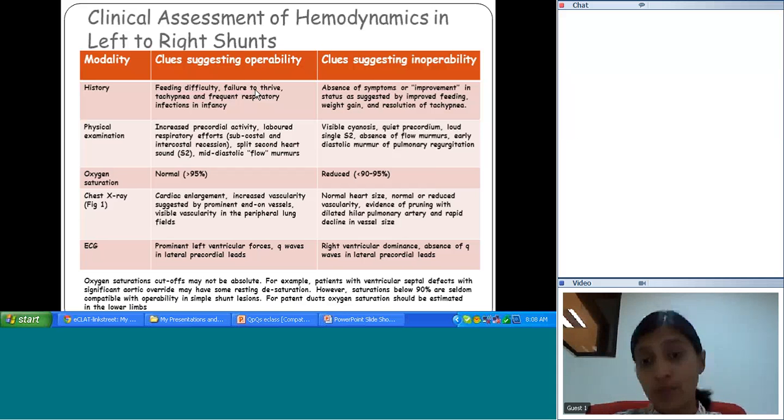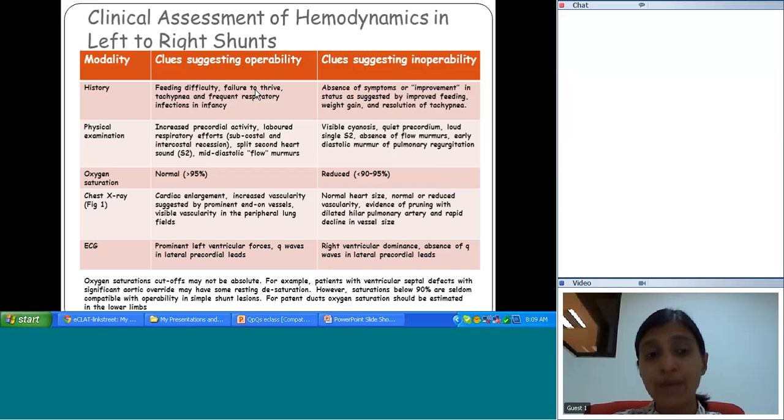Again, chest X-ray and ECG are adjuvant aids. Chest X-ray showing cardiomegaly and increased pulmonary vascularity, all of this suggests operability, whereas if you have a heart that is not as enlarged as you would expect, where the main pulmonary artery may be dilated, but distally the pulmonary vasculature is not prominent, i.e. peripheral pruning, then it is suggestive of inoperability.